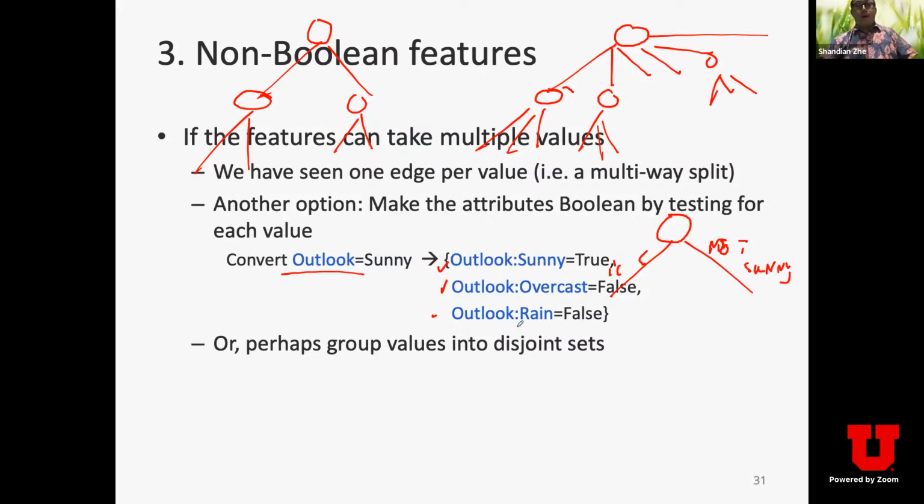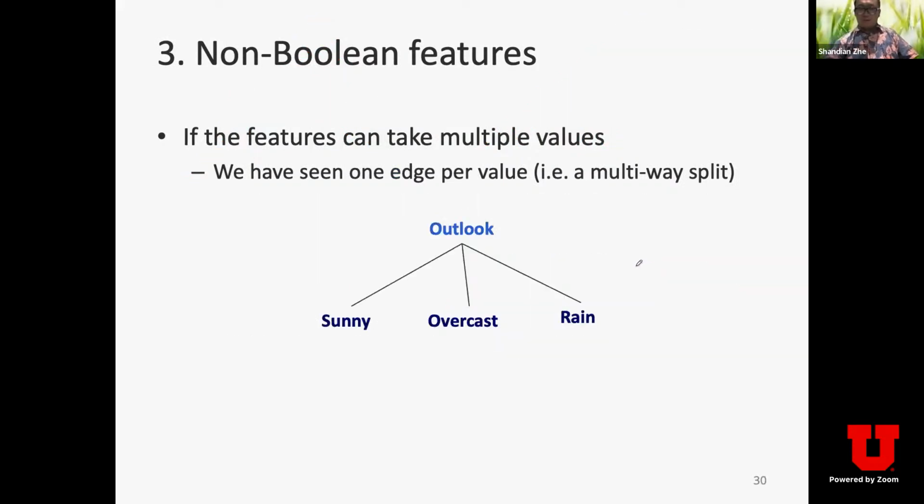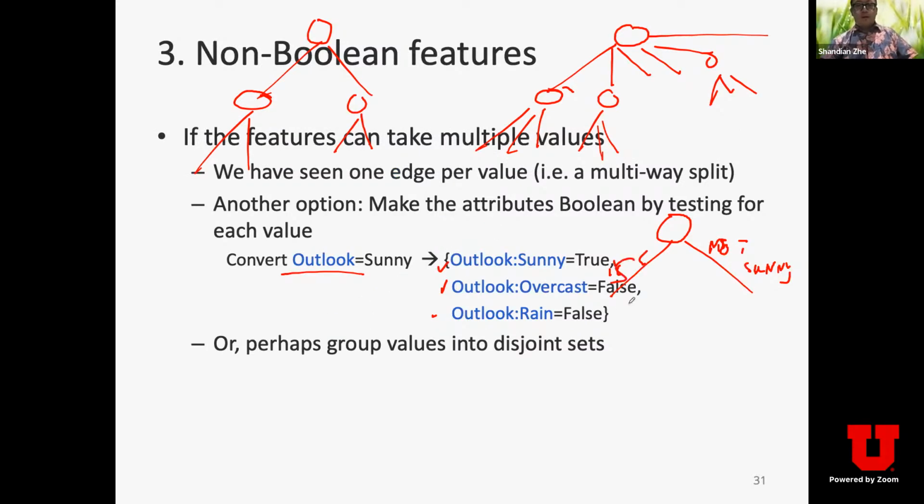Then you got 2 subsets. One subset is Sunny. You're gonna take out the binary attribute from your attribute list, calculate information gain for the remaining features, and pick up the one with the largest information gain to further grow the tree. And this other one is the set of examples that does not have the Sunny outlook.